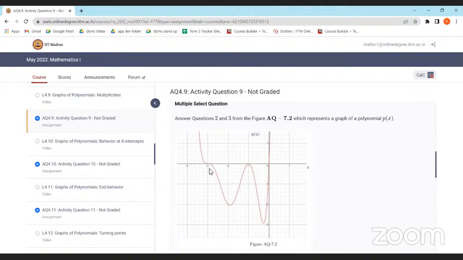So we can only say this polynomial has at least 6 degree, since 3 plus 2 plus 1 is 6.